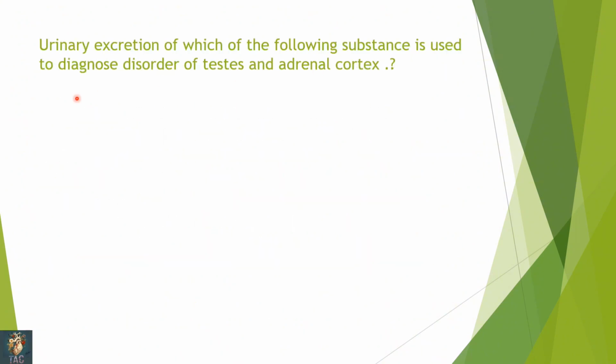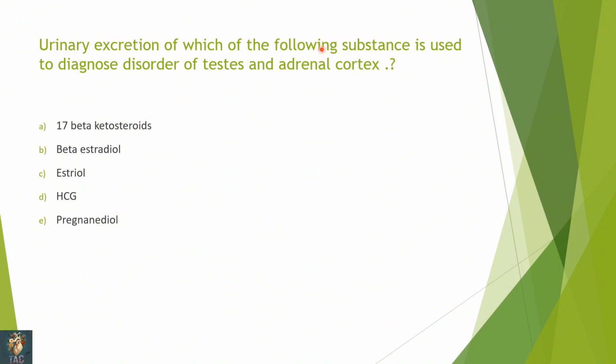The urinary excretion of which of the following substances is used to diagnose disorders of the testes and the adrenal cortex? So: 17 beta ketosteroids, beta estradiol, estriol, HCG, or pregnanediol. We are looking at disorders in which the substance is released both from the testes and from the adrenal cortex.